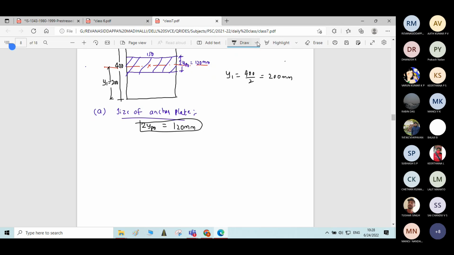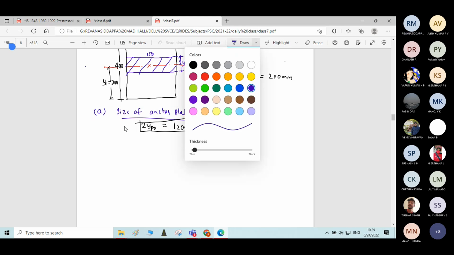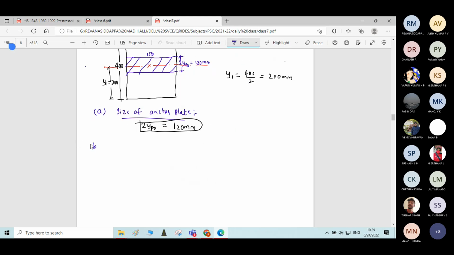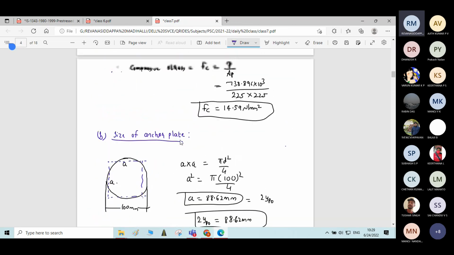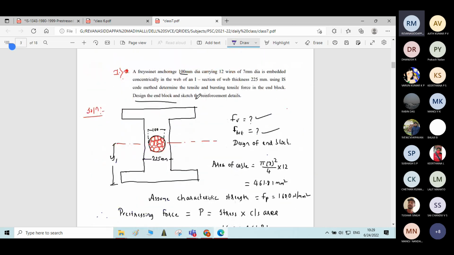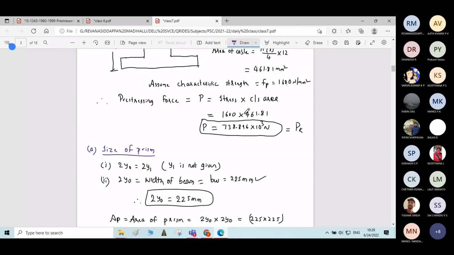Then size of the prism, we will fix the size of the prism. See, very simple concept, friends. Initially, you need to find these basic things, like sometimes the pre-stressing force will be directly given.